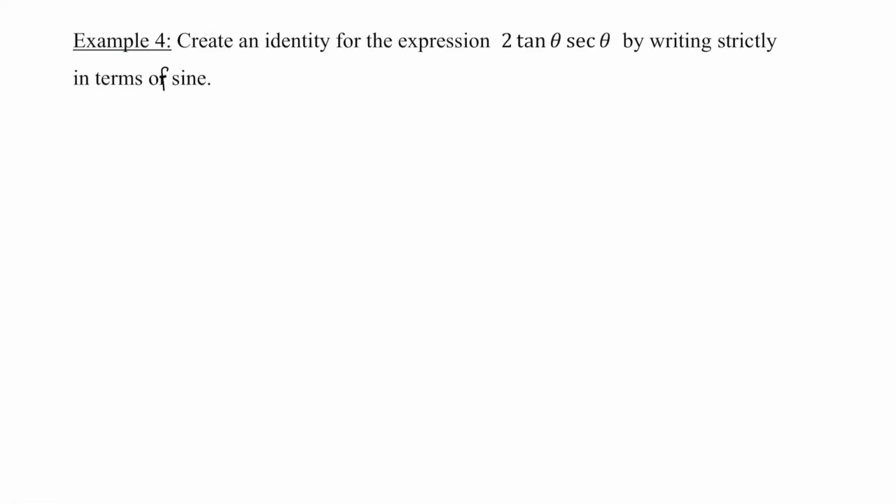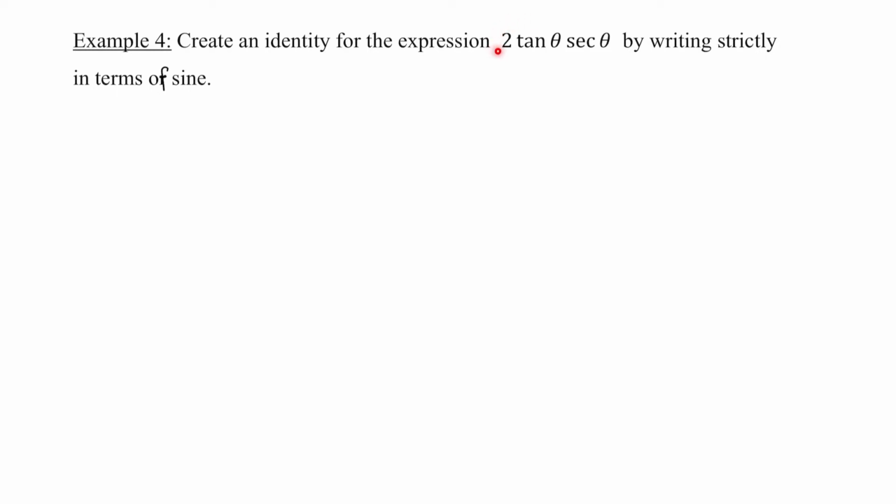Example 4. Create an identity for the expression 2 tangent theta times secant theta by writing strictly in terms of sine. In this example, they don't want you to verify it. They're not giving you a statement.